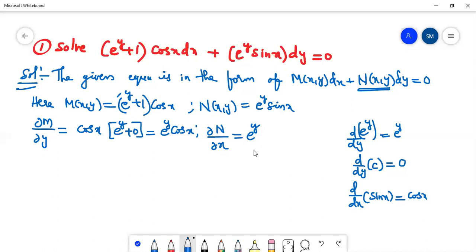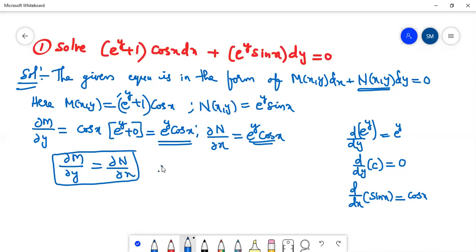So observing these two functions, they are clearly equal, so we can say that dou M by dou y is equal to dou N by dou x. The relation is satisfied. Therefore, the given equation is an exact differential equation.